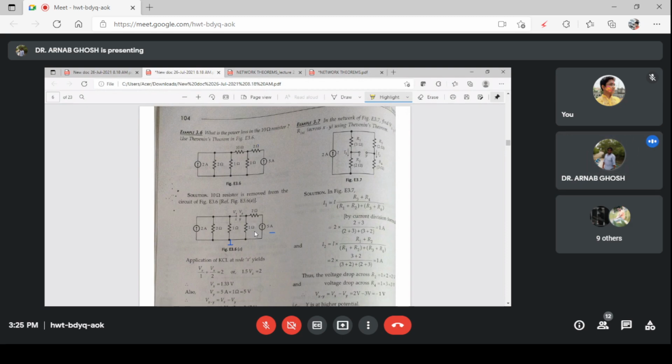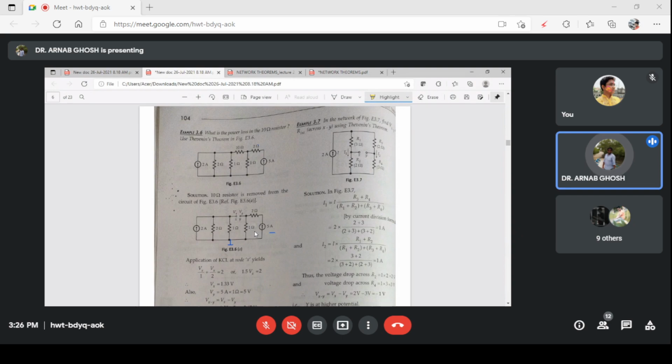Yes sir, 0.992 watts. Okay, any doubts, anybody out of this? Has everybody been able to do this?